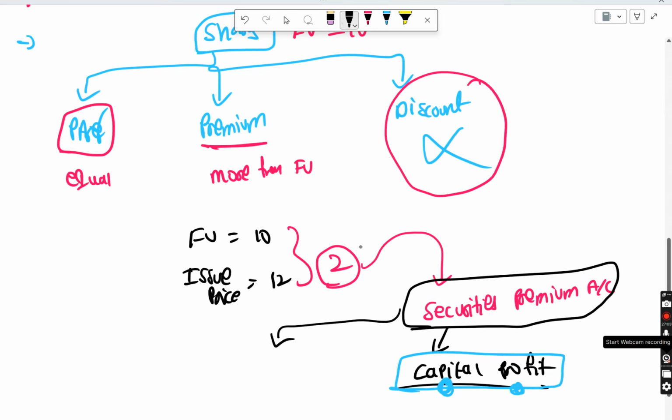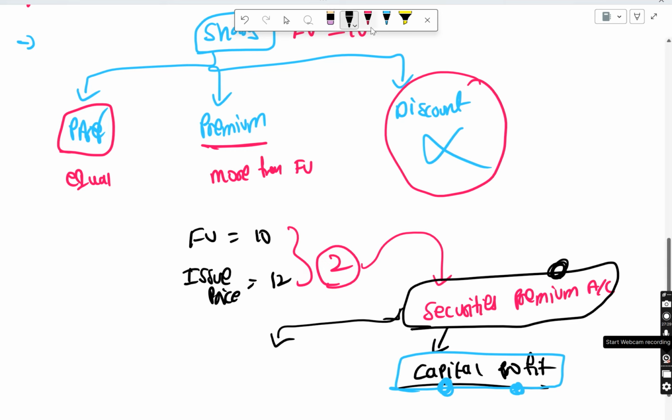Now this capital profit, this securities premium account, you cannot use for any purpose you desire. You have to use it only for particular purposes. Around 5 things we can use the securities premium account for. For what we can use it, we're going to discuss that later in the law part. So this is not freely available for the company to use.